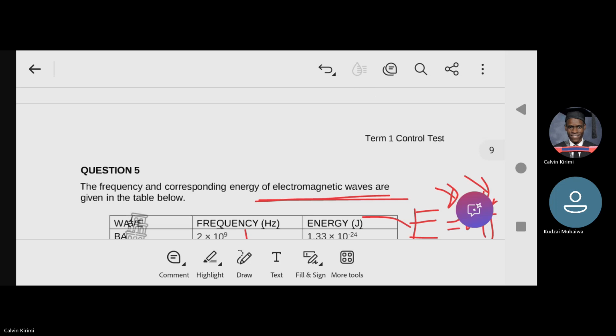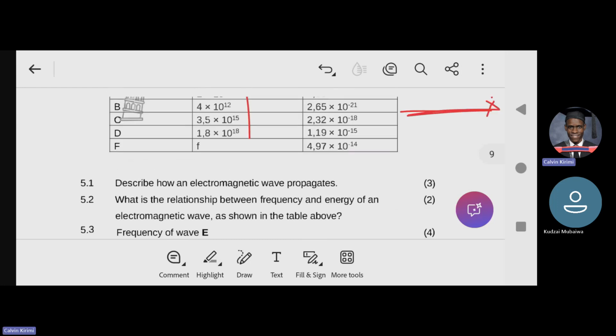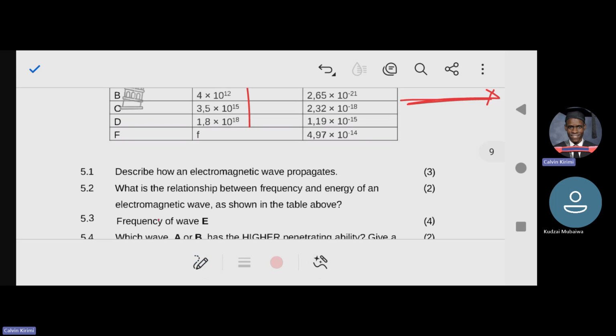All right. Describe the relationship between frequency and energy of an electromagnetic wave as shown in the table above. Let's go. We want the relationship between frequency and energy of an electromagnetic wave.